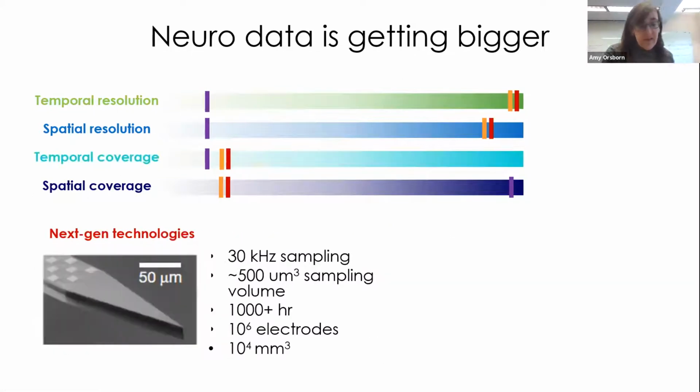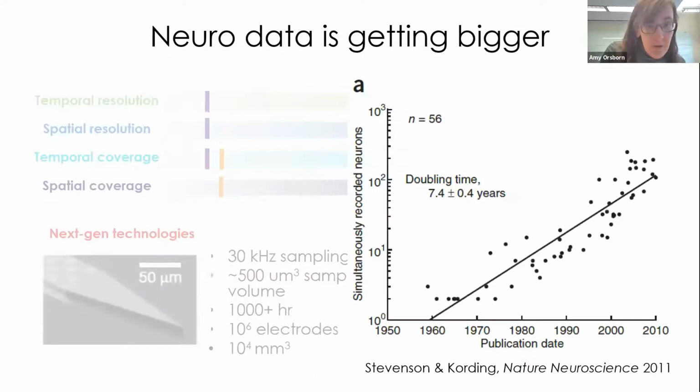But with some of these advanced electrophysiology techniques, like I mentioned before, these really high density thin probes, what these technologies are doing is taking that high temporal and spatial resolution of these measurements, but then increasing the coverage in space and time that we get. And so this is leading to giant piles of data that neuroscientists certainly need help with analyzing.